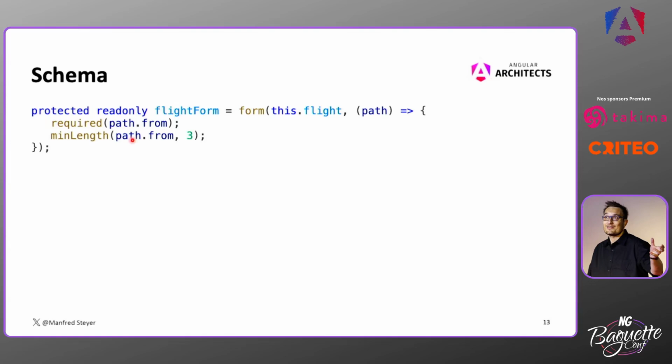But most of the times it's about validation behavior, like here I'm saying, well, from the airport of departure is required and there is a min length of 3. And then your inputs are validated against the schema, and you will find out by looking into your valid property you have seen before or into your errors array.